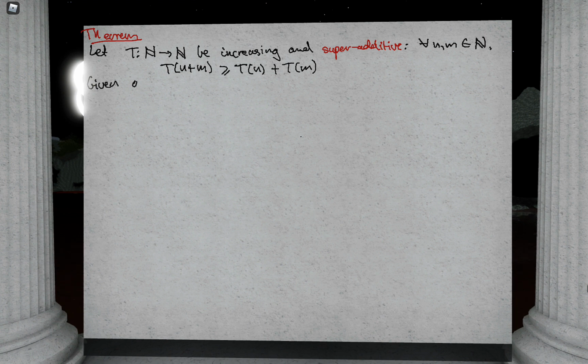So let us take a system with an initial machine and a control function.